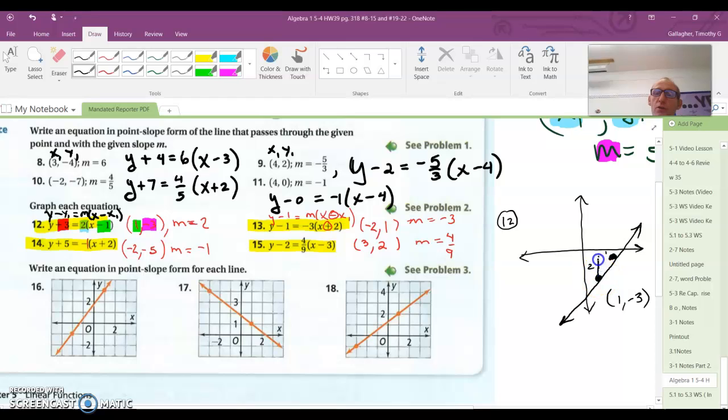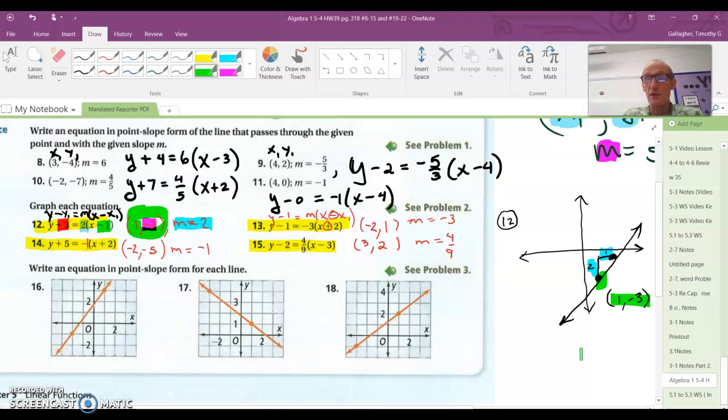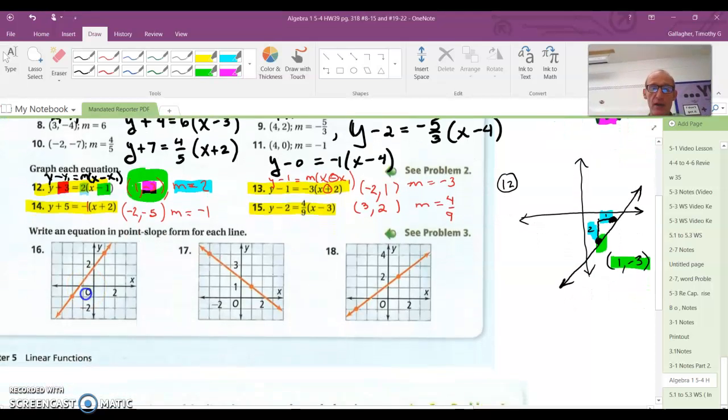So I went up 2 and I went over 1 because that's the slope for 12. And the point was 1, negative 3, which is right there. Okay? All right, stop the video if you need to and help yourself understand how to do that.